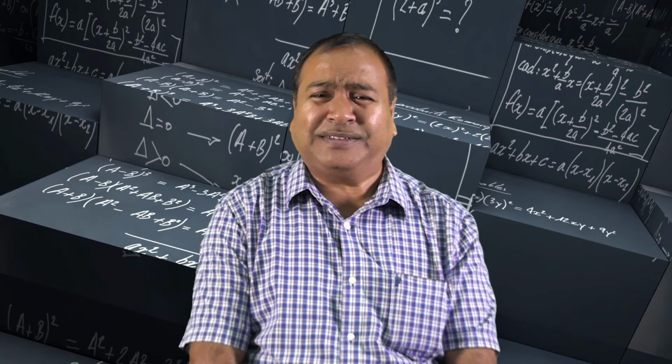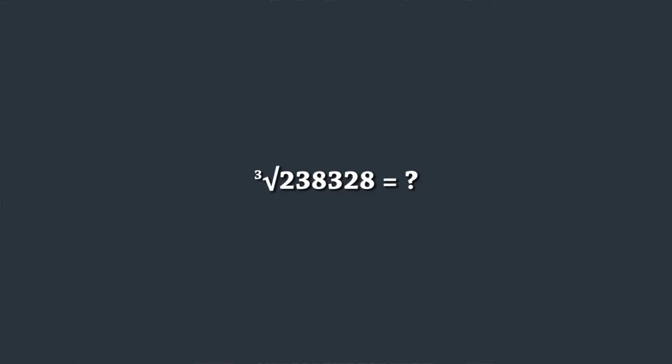Okay, let us take one more example. What is the cube root of 238,328, which is again a 6-digit number? Let us observe the following steps.